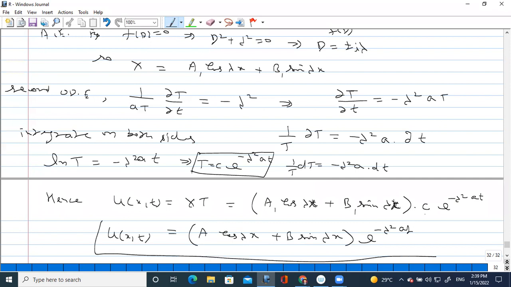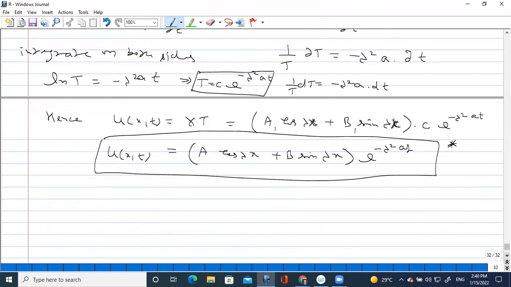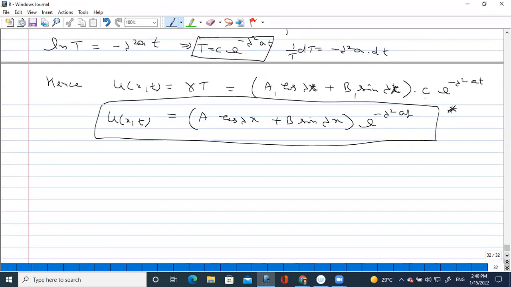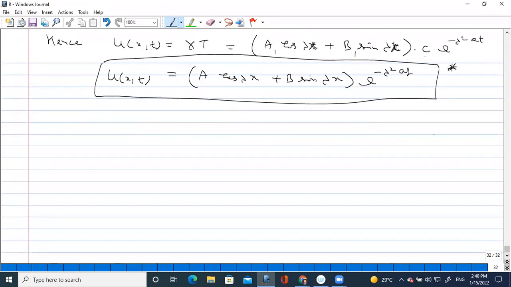So this will be the solution for the heat equation, and we will always remember this equation. Whenever the question starts, we will start from here and check what is the value of a in that equation, and that can be put here. Okay, so this will be our final solution for that.